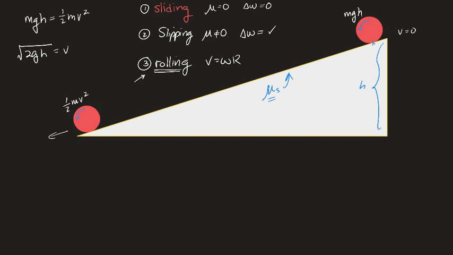The point that's in contact with the surface is at rest with respect to the surface. More importantly, in a situation in which an object is rolling, when we reach a point in the problem where we want to deal with its energy, it will have both kinetic energy for translational motion and kinetic energy for rotational motion.